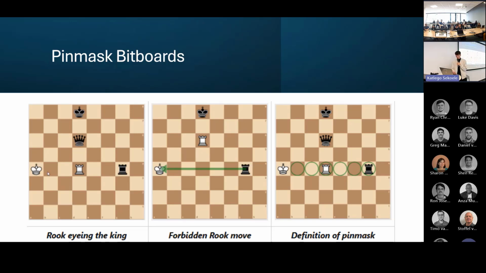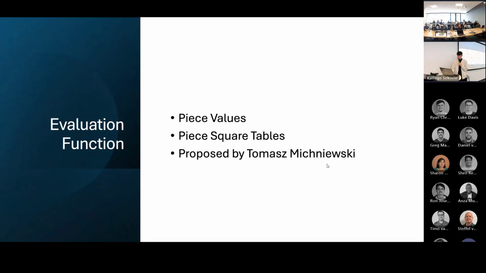So that's an illegal move. So you take a pin mask, which is just all the squares between a sliding piece and the king. So that's that bitboard. And then you just AND it with the pseudo-legal move bitboard for the rook, and you get all the actual legal moves for the rook.